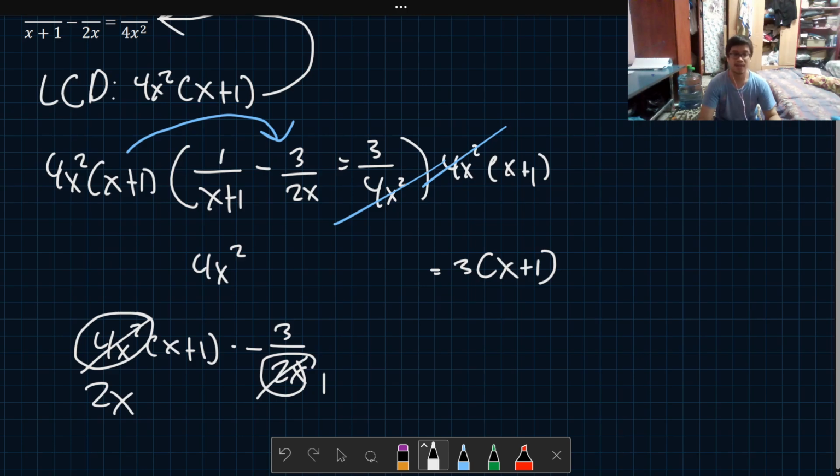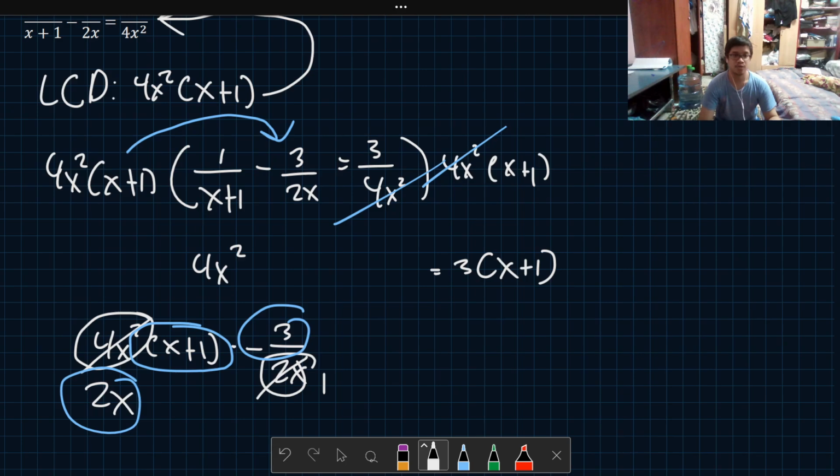So what's left is 2x times quantity x plus 1 times negative 3. So multiply the three factors together, the result would be negative 6x times quantity x plus 1.